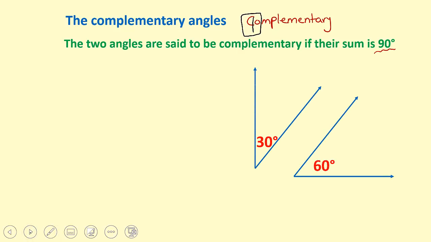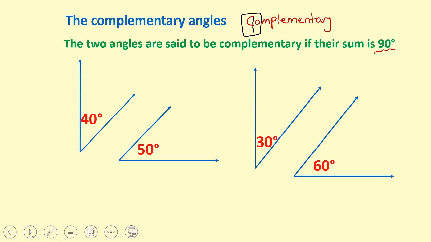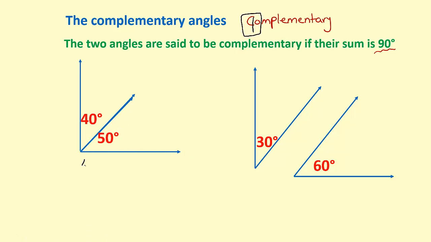Let's have a look at those 2 groups. Here I have 40 degrees and 50 degrees. If I make 40 plus 50, I'm going to have an angle of 90 degrees. So, when I add 2 angles together and they give me a right angle or 90 degrees, they are complementary angles. Let's have a look here.